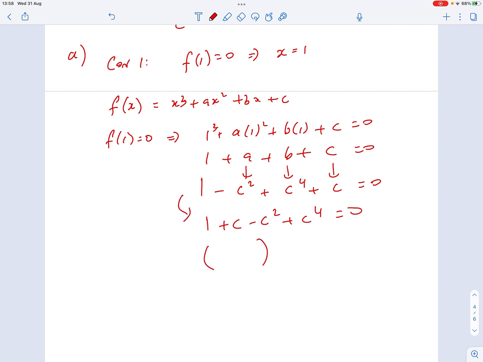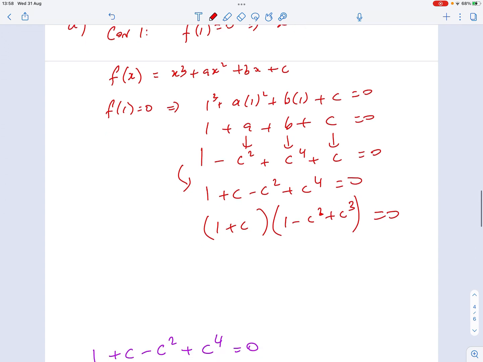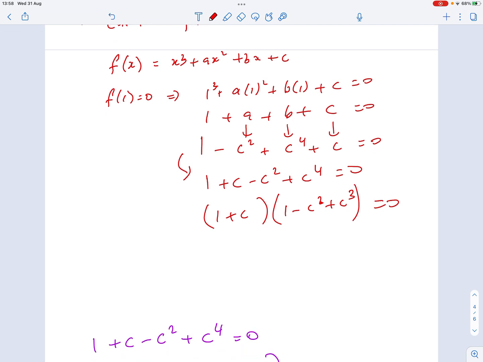It's the same thing as that. Factorizing. So if we factorize, we will get 1 plus c, and then 1 minus c squared plus c to the 3. Now, we are told c cannot be 0, and c is an integer, and if you solve that, I'll let you solve that yourself, that doesn't give you an integer solution.